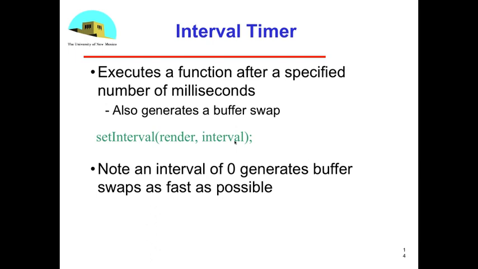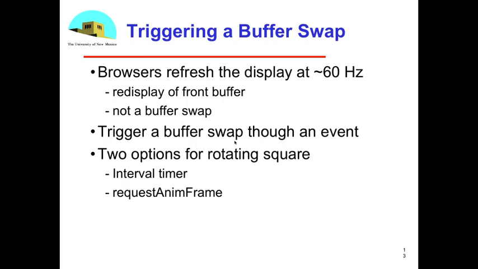Also note that we should have pointed this out in the last slide, that the buffer is being redisplayed automatically at about 60 frames per second in your browser. It used to be exactly 60 frames per second in the US because it was coupled to the line frequency, and in Europe and other places it was 50 cycles per second.